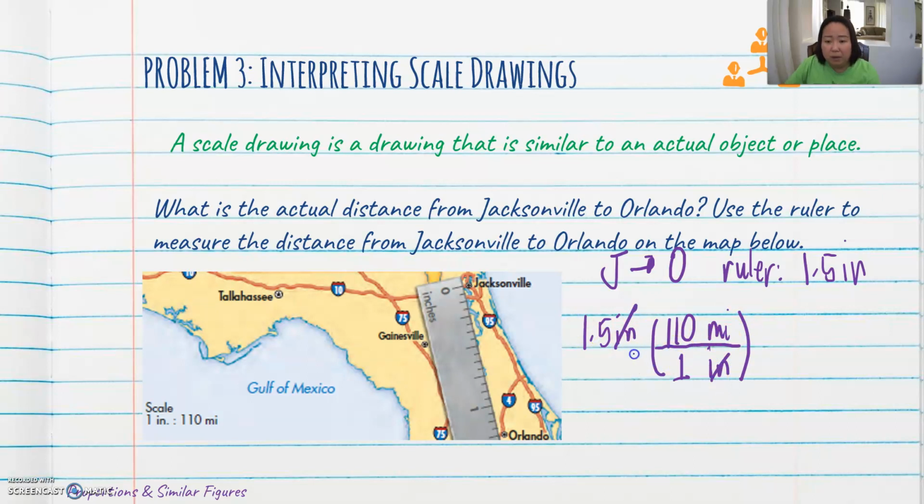So you will end up having 1.5 times 110 miles divided by 1, right? 1.5 times 110 is equivalent to 165 miles. So that is the actual distance between Jacksonville and Orlando, okay?